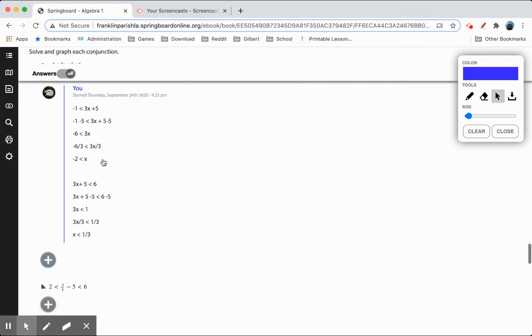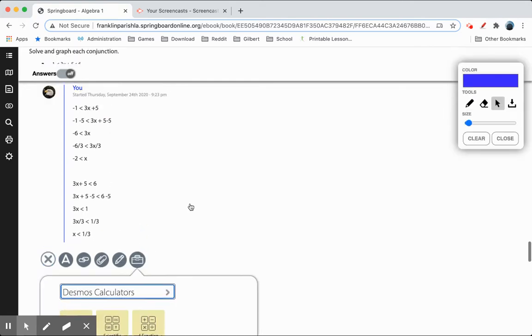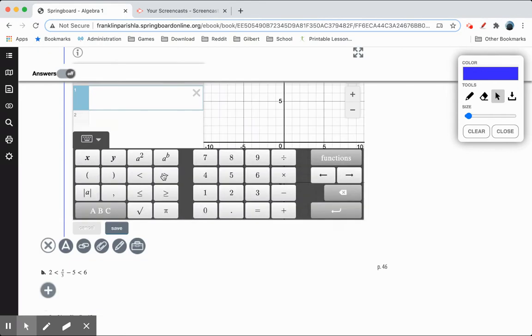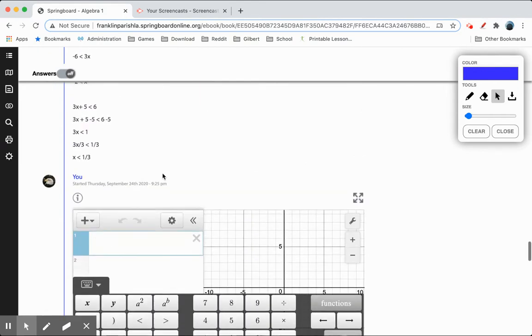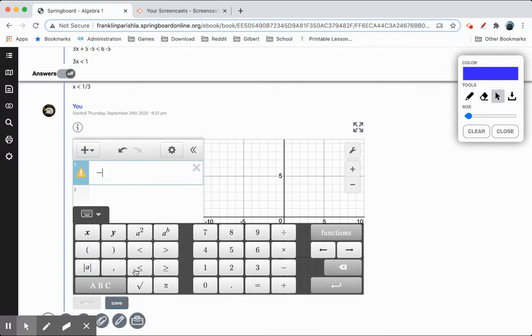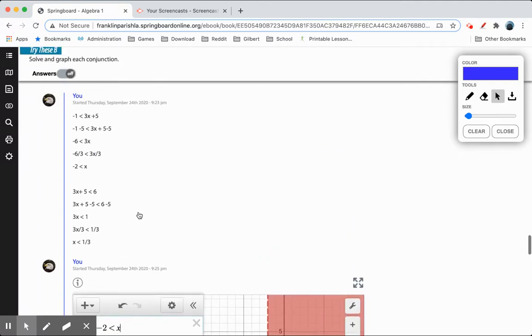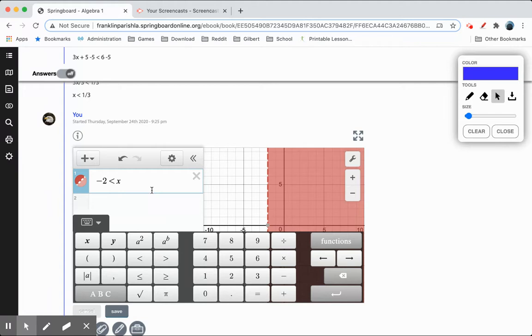Now that we've solved them, we will put this into our graphs. And on this program, you can do this by saying negative 2 is less than x, and x is greater than 1/3. Trying to see if there's a fraction button over here.